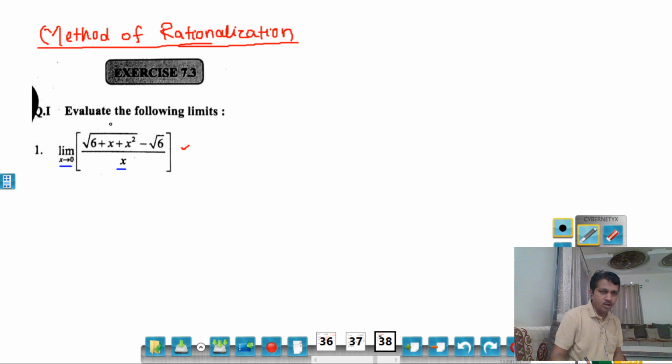Observe that the numerator contains two surd terms here, and to simplify or cancel the common terms from numerator and denominator, I should remove these square roots, and for that purpose I have to rationalize the numerator. There are irrational terms in the numerator, so I should go for the rationalization of the numerator.